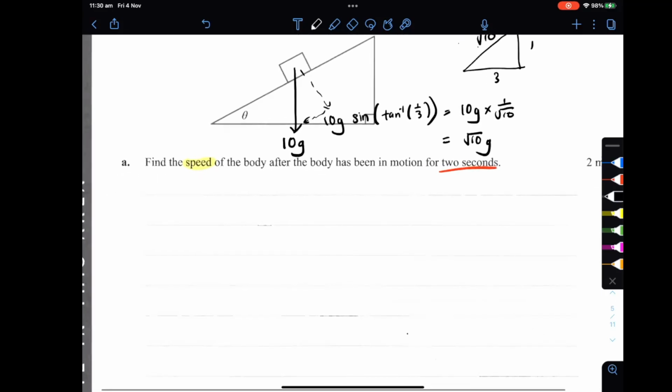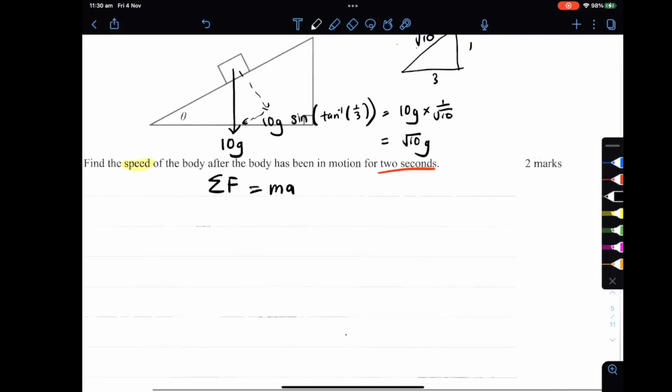So we have to find the speed of the body. This here is just the force downwards. In fact, we'll define positive acceleration down the plane.